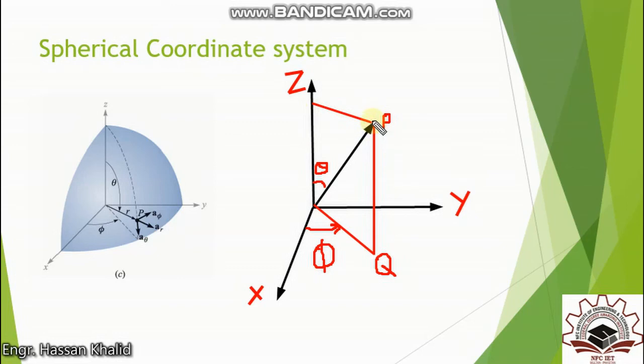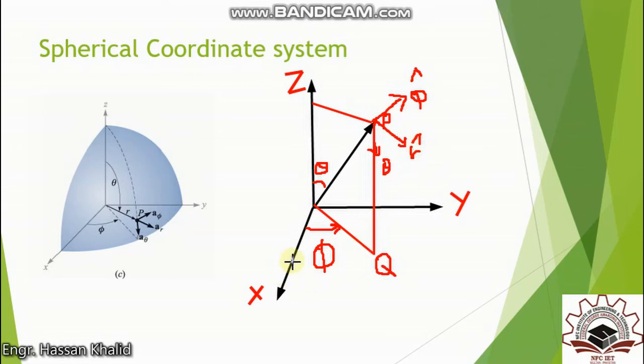Now I have drawn a unit vector here in the direction of phi, and the radius r unit vector will be directed radially outward, and the theta unit vector is extended downward, and it is perpendicular to both of these two unit vectors.